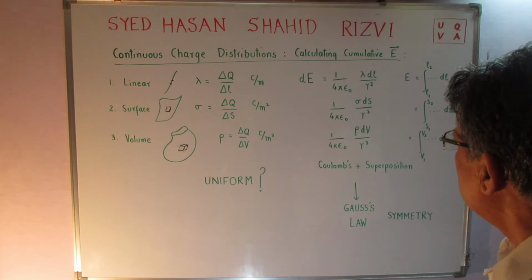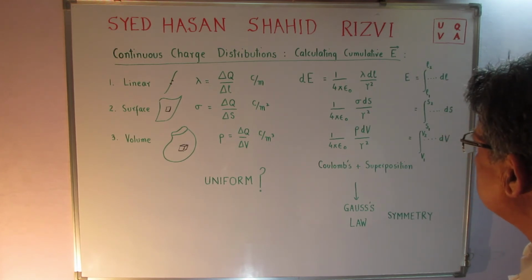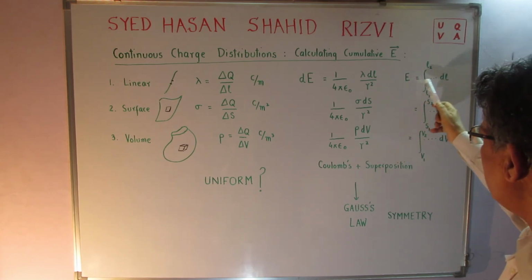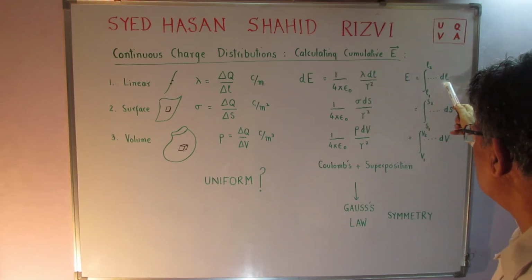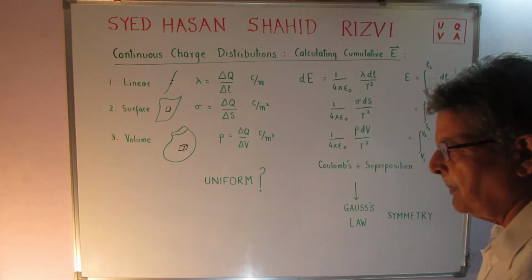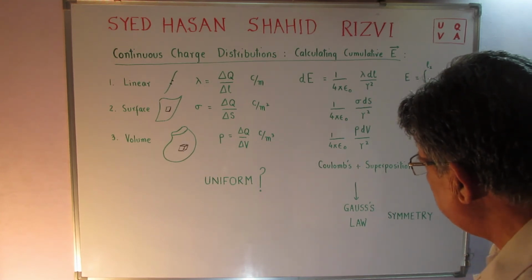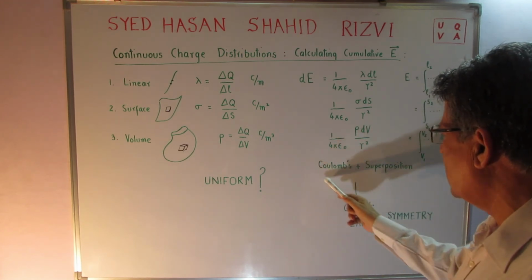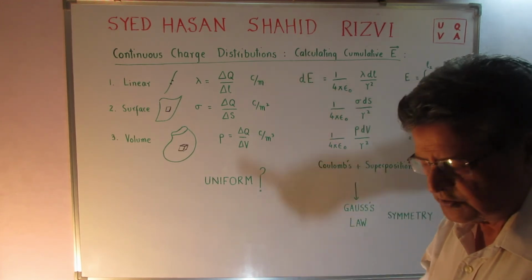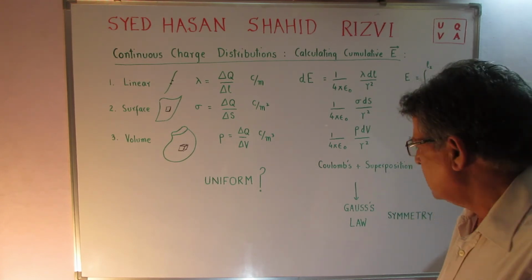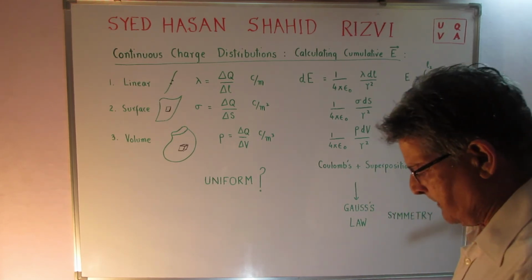Okay. And in these calculations, we get the magnitude of the electric field by integrating this whole thing with dl, this whole thing with ds, and this whole thing with dv, applying the offshoots of the Coulomb's law, which is the equation for the electric field, and the principle of superposition. Okay, and we are able to calculate these things.